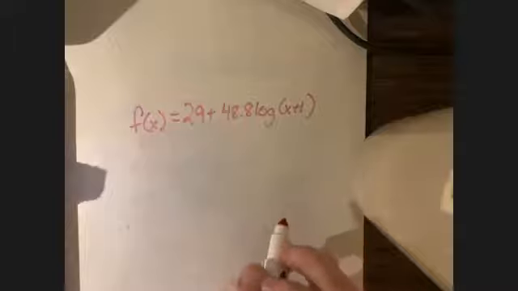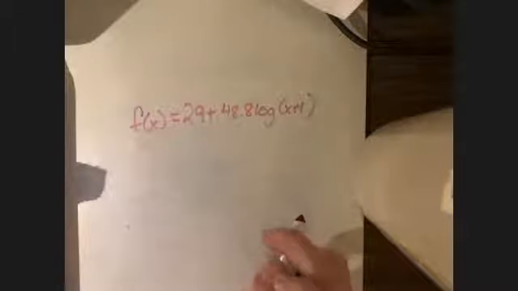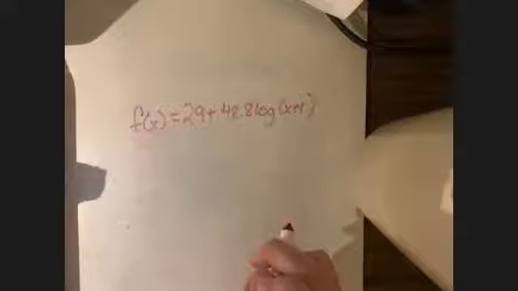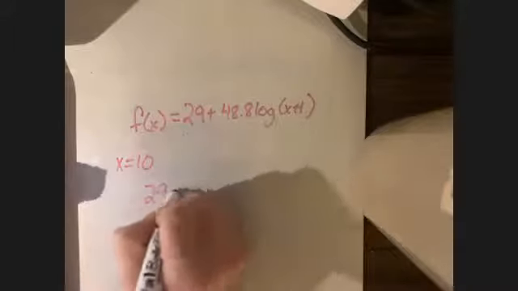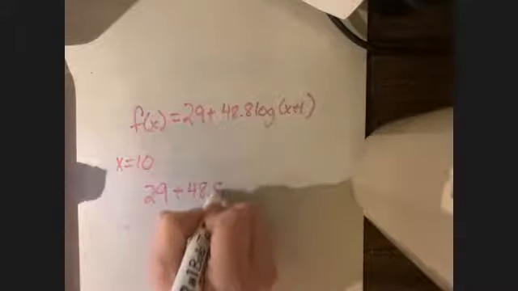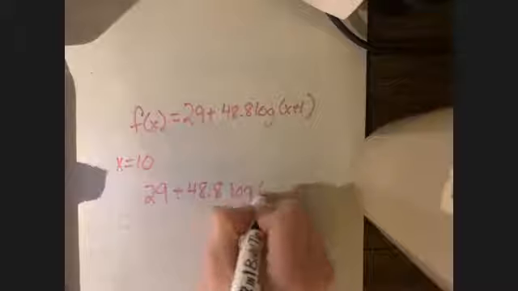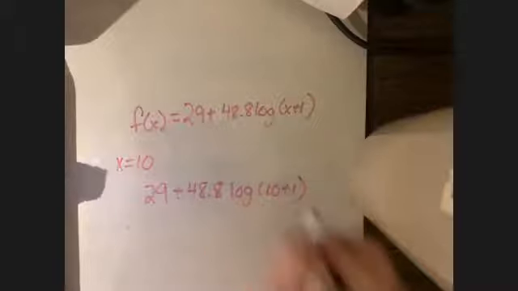Now, it says x is the boy's age between 5 and 15, and f of x represents the percentage of his adult height. So it asks, at age 10, approximately what percentage of his height has it had. So we're going to do 29 plus 48.8 log 10 plus 1.